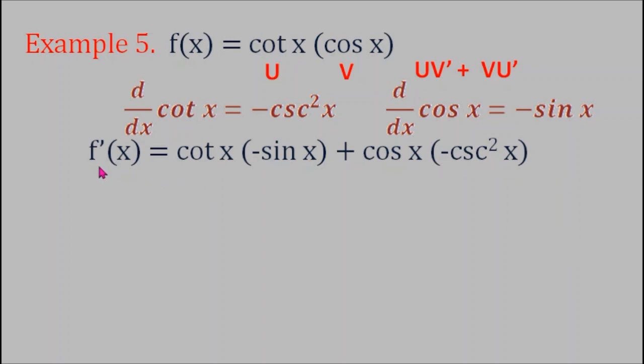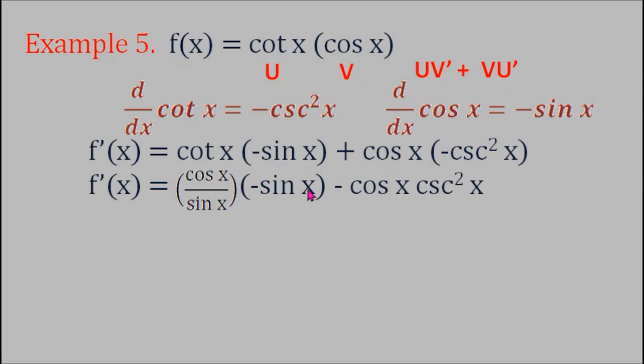So we have cotangent x times negative sine x plus cosine x times negative cosecant squared x. And we know that this cotangent x can be written as cosine x over sine x. So we can simplify this part by canceling out sine x. So we have negative cosine x minus cosine x times cosecant squared x.